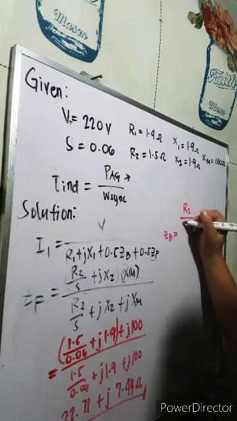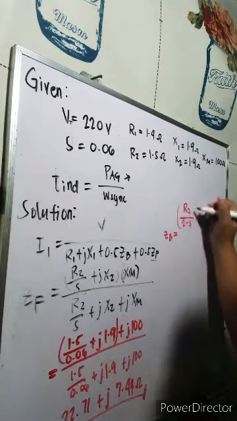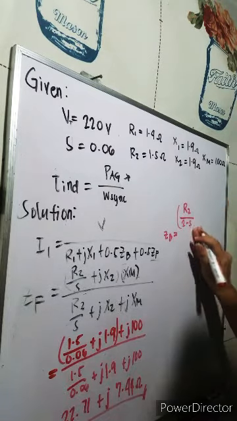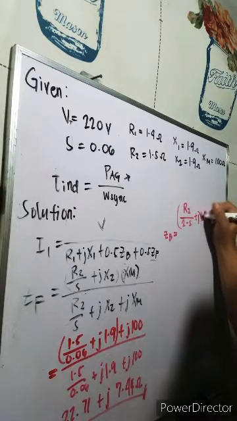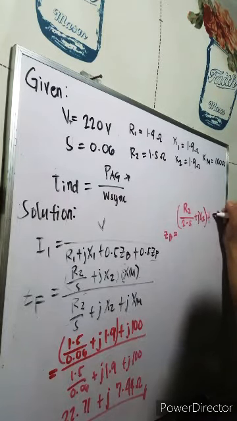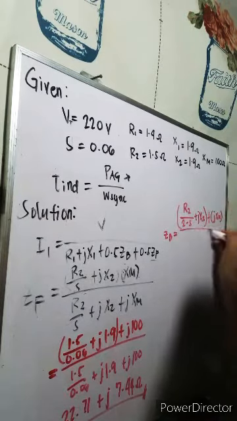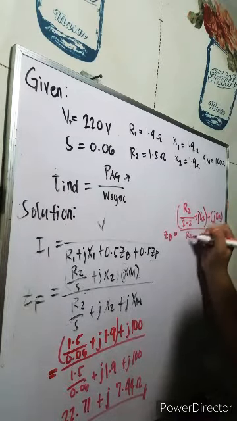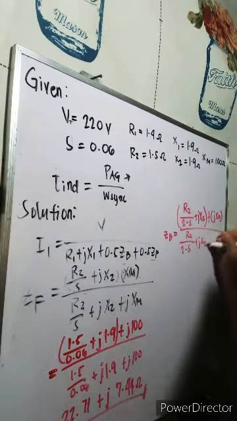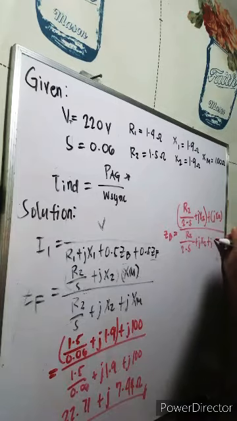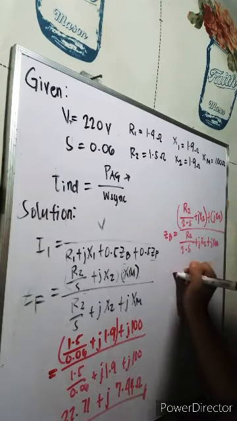R2 over 2 minus S plus jX2, times jXM over R2 over 2 minus S plus jX2 plus jXM.